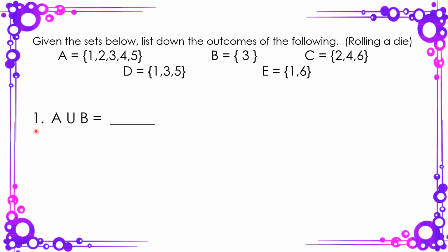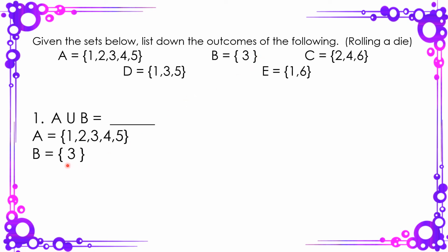Question number 1 is A union B. The first thing that you have to do is write the possible outcomes for A: 1, 2, 3, 4, 5. And then the possible outcome for B, this is 3.